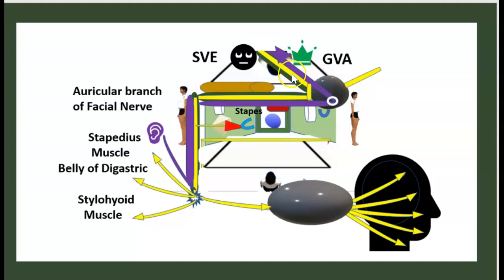On the other hand, branchiomotor fiber coming from the superior salivatory lacrimal nucleus, they don't synapse in the geniculate ganglion.